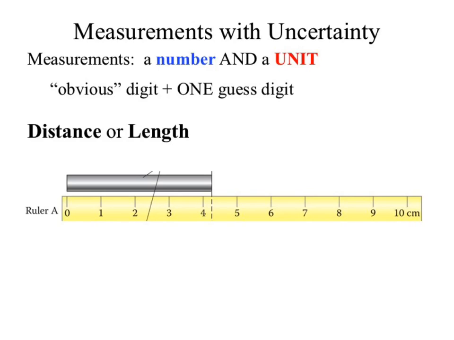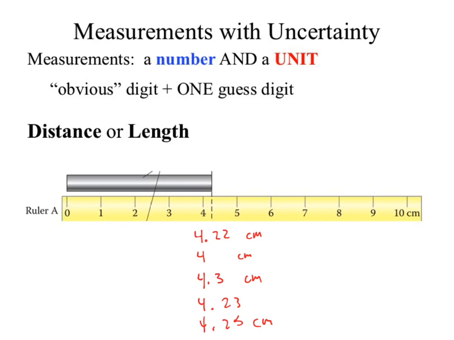Now into the fun one, measurements with uncertainty. How long is that rod? The silver thing. Okay, it does officially say centimeters, so good call. I heard 4.22 centimeters. I heard 4 centimeters. 4.3, 4.23, 4.25.